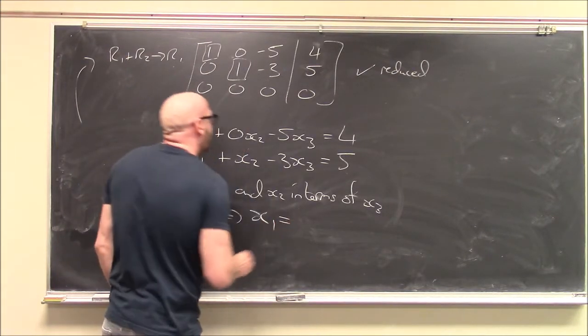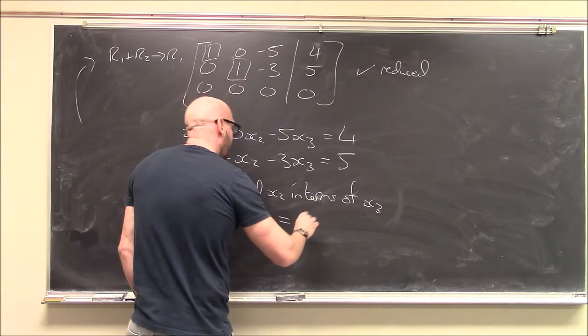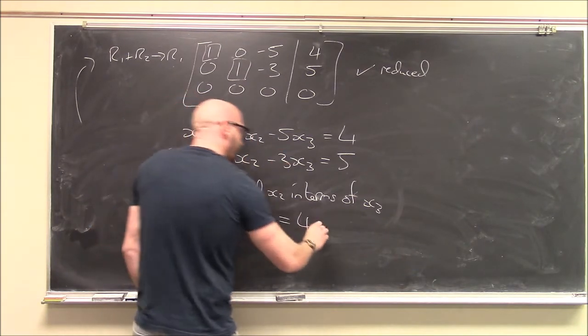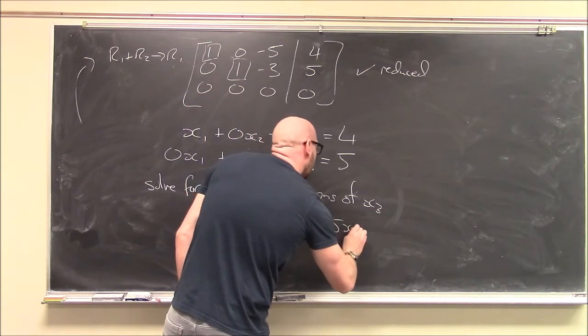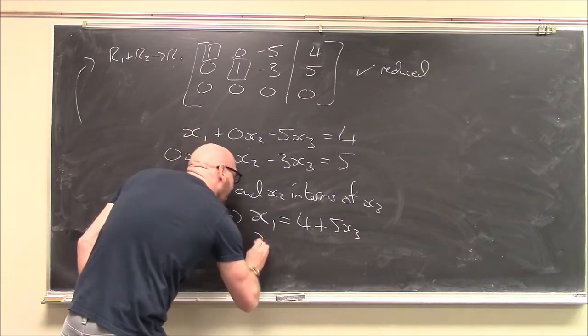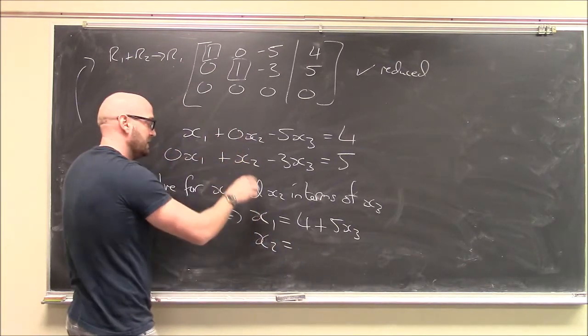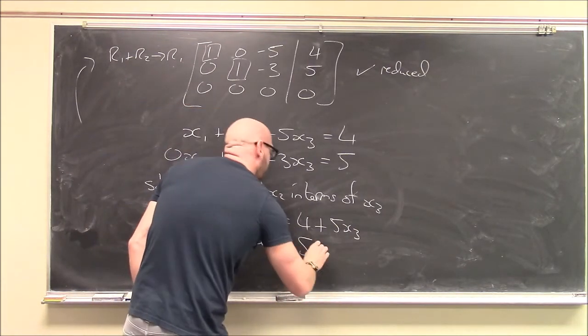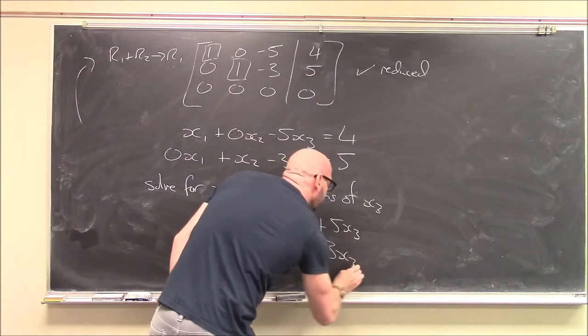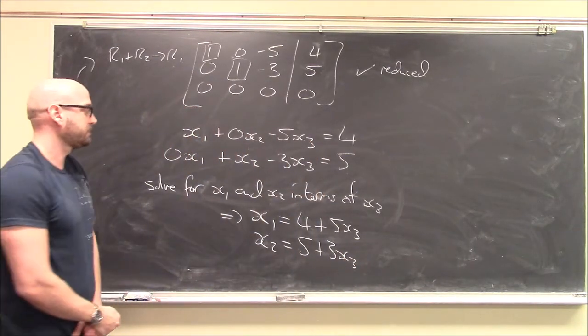So that gives me x1 is 4 plus 5x3, and x2 in the second equation is 5 plus 3x3.